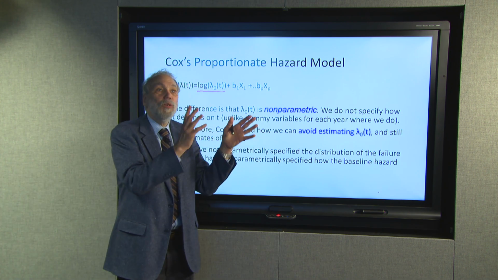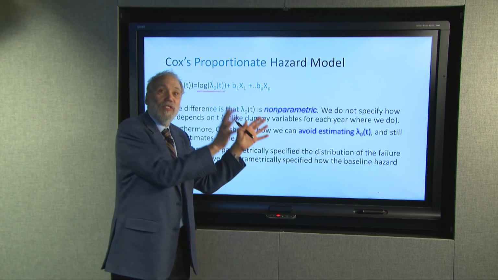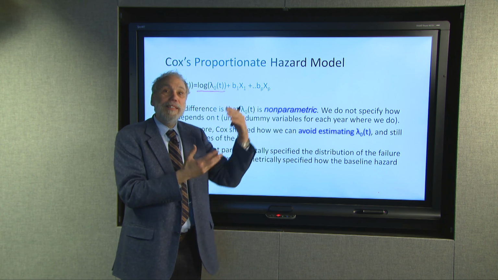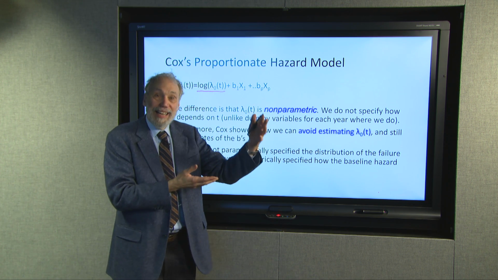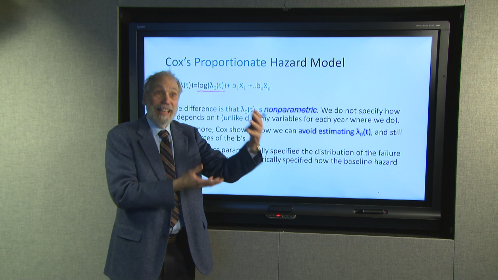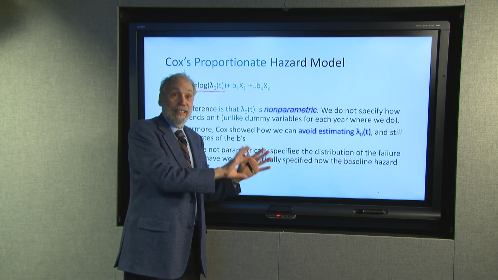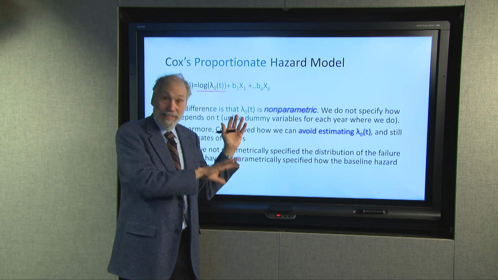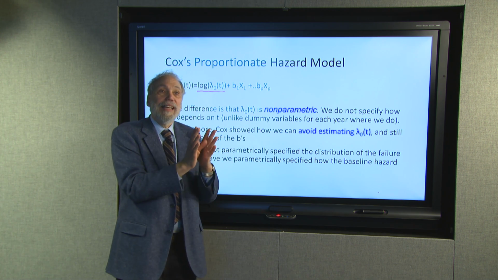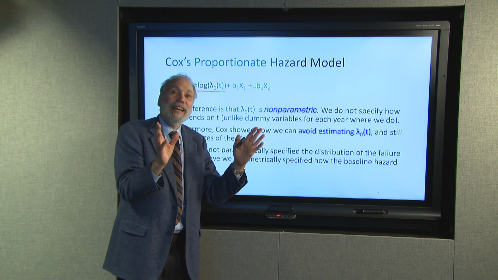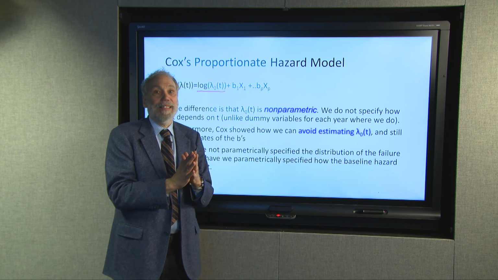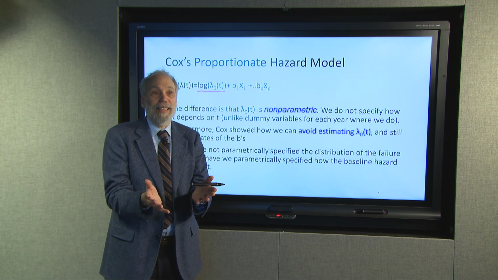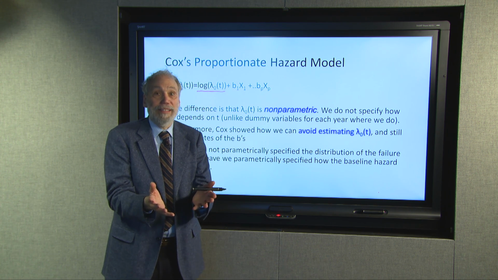Because he found a way to factor the likelihood, the probability of dying, given the covariates and the baseline hazard, in a way that he can factor out the baseline hazard and get a part that doesn't depend on it and maximize that.